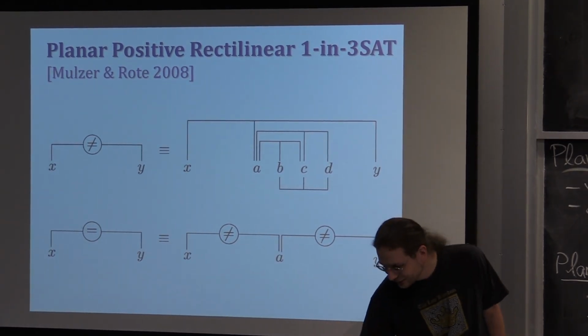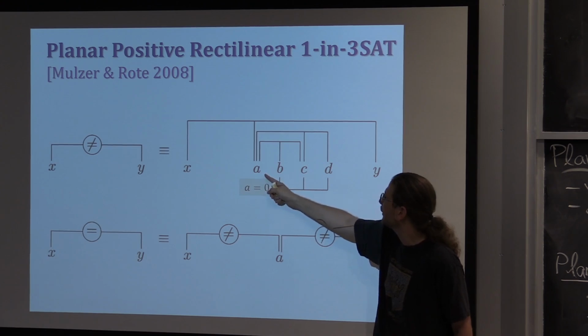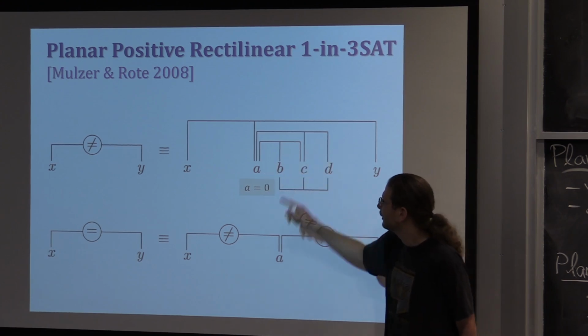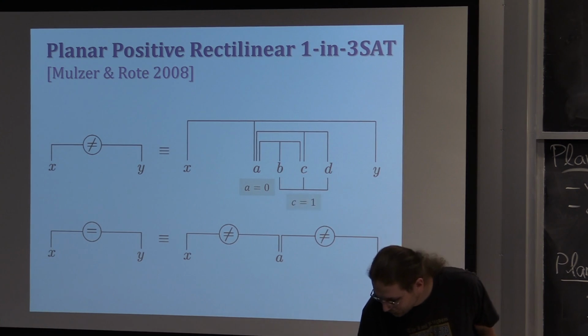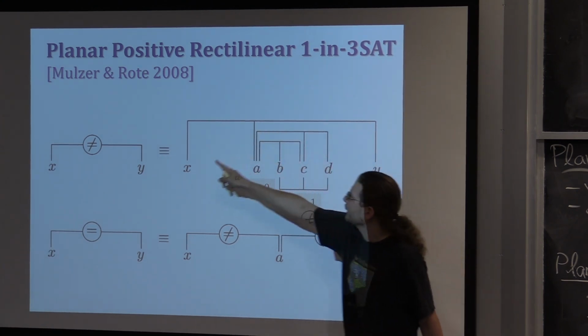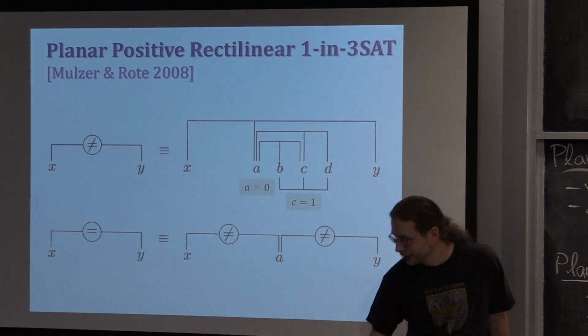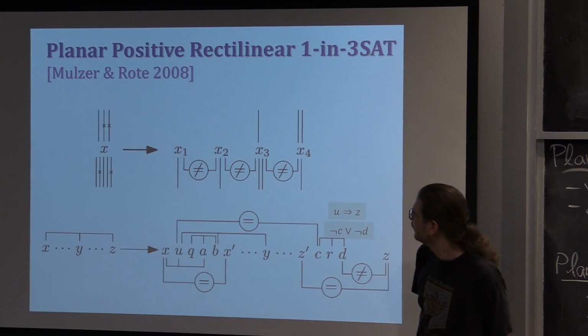Anyway, you can check these gadgets that they force. In particular here, you're basically forcing A to be 0 by this little construction. C is 1, but therefore this clause forces exactly one of these to be true, the other to be false, so it forces them to be different. You repeat that twice, you get equality. Then you do this.